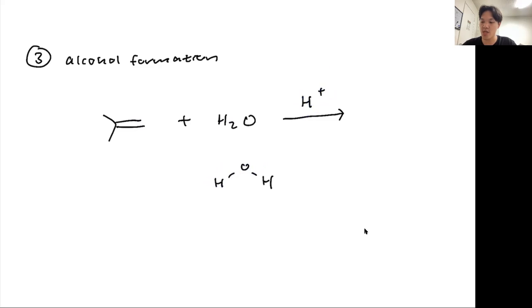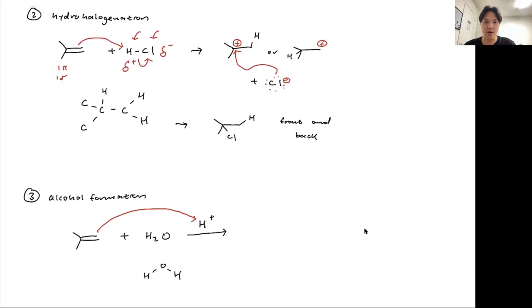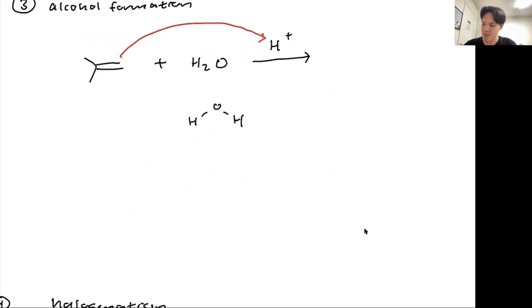So what's first going to happen is that the alkene will react with the acid. And we saw from up above, thankfully, this is the same alkene. Up above, the H will be on carbon number 4, which is right here, and then the carbocation will be on carbon number 2.